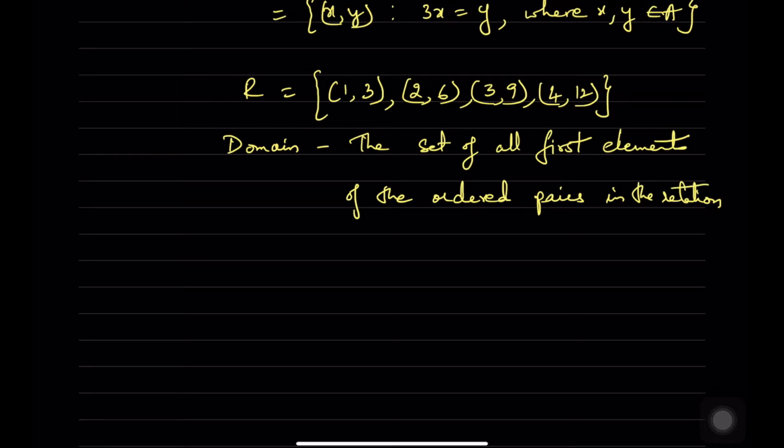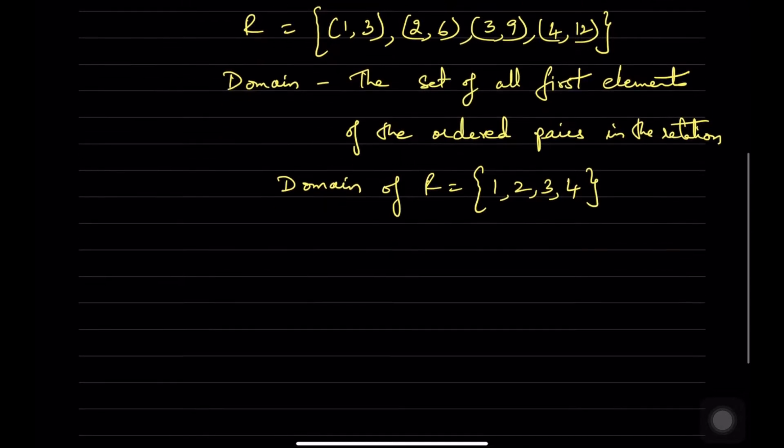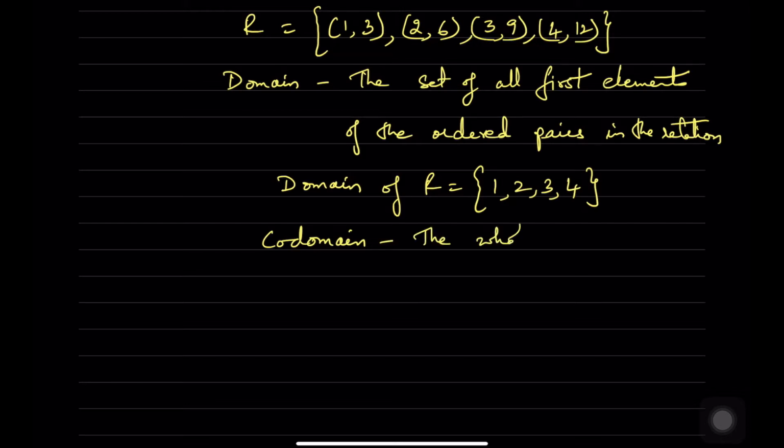Therefore domain of R is equal to the set {1, 2, 3, 4}. These are the 4 first elements in the ordered pairs of the relation. Now what is the codomain? Codomain is nothing but the whole set A.